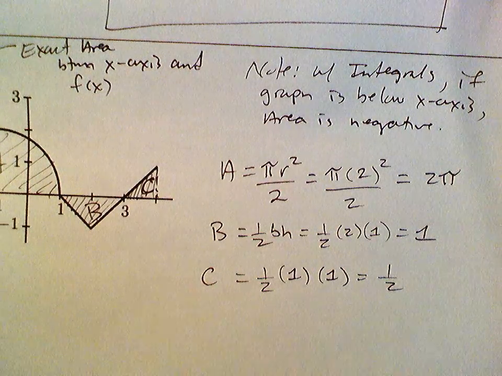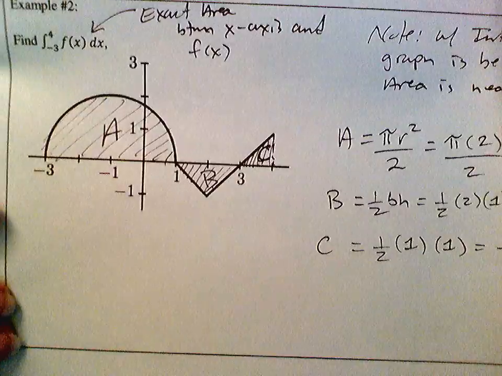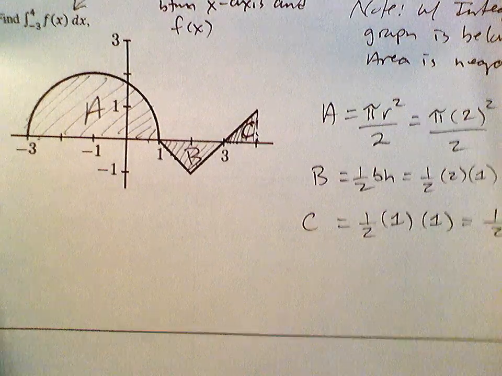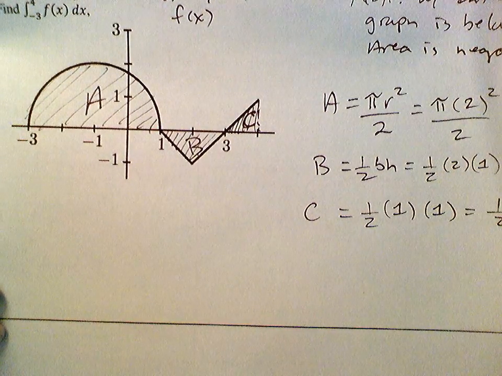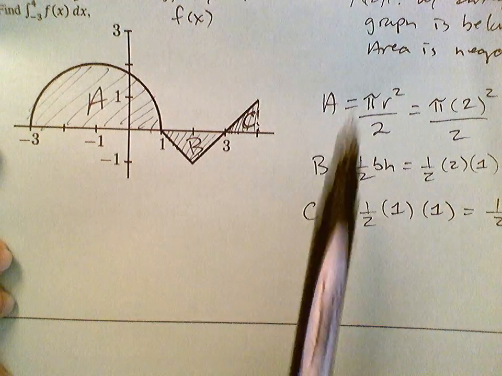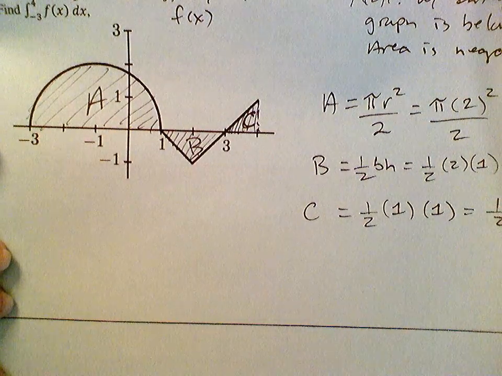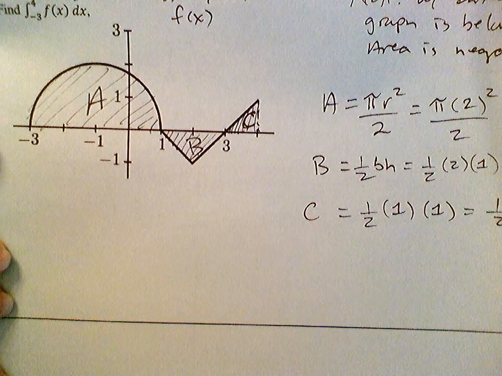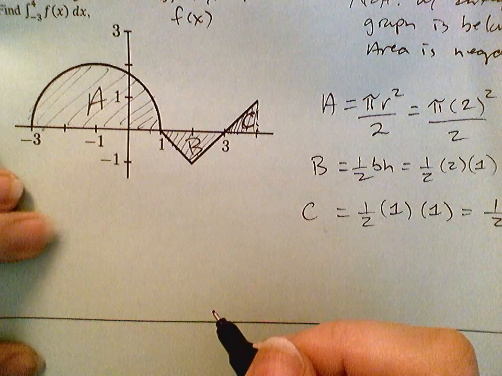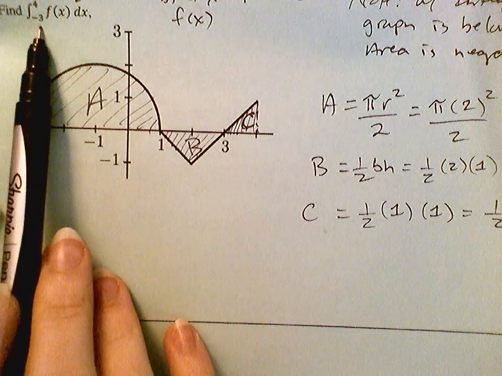Alrighty. And so, for these areas, let me make this observation here. We're going to do A plus B plus C, or A minus B plus C. But I want to use the calculus notation for this.